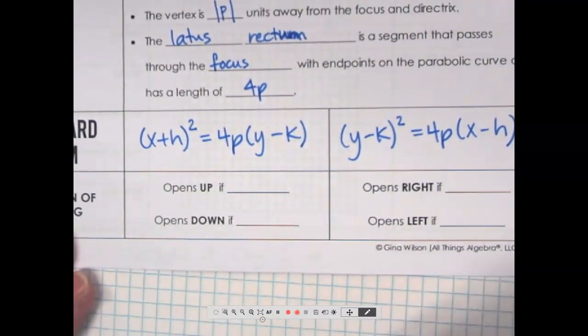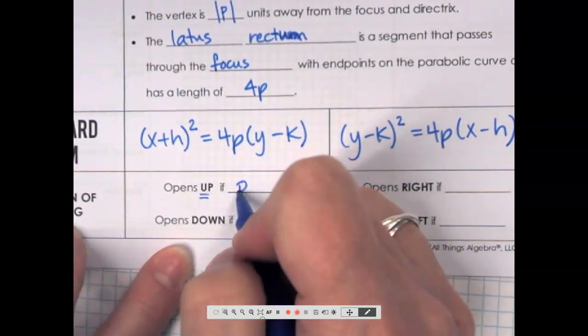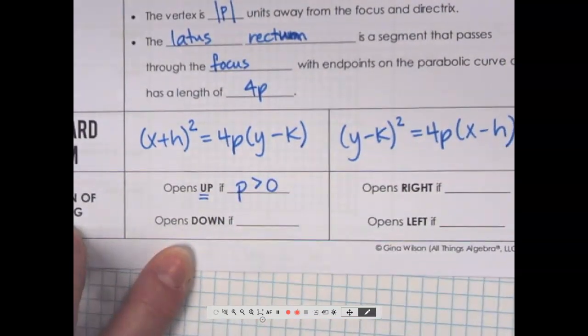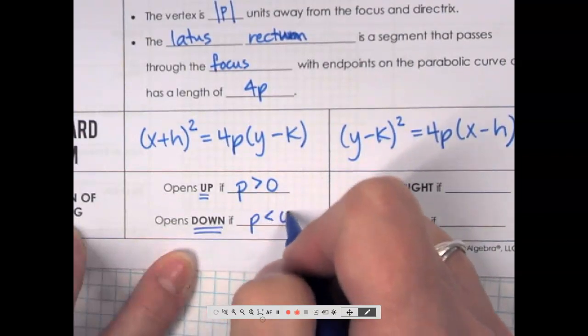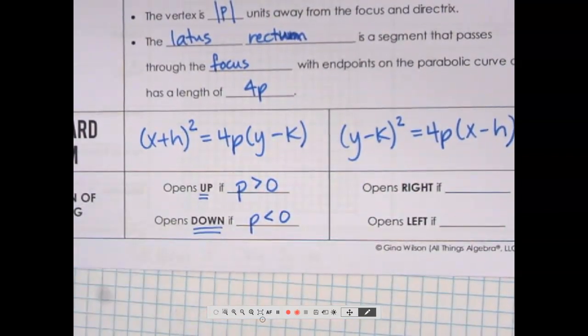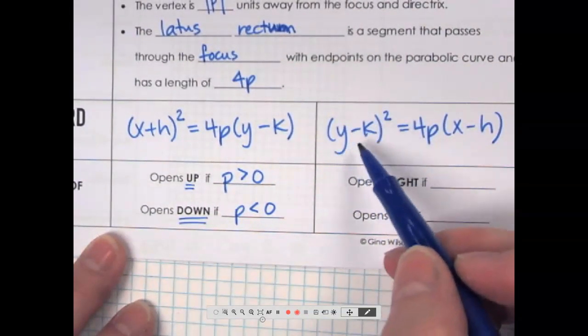If it's vertical, it will open up if P is greater than 0, that means P is positive. It will open down if P is less than 0, or negative. If the y is squared, that's a left and right parabola.